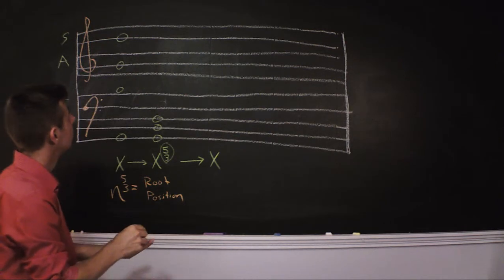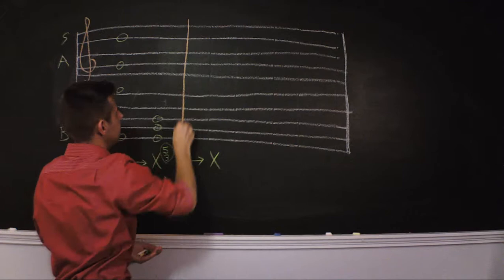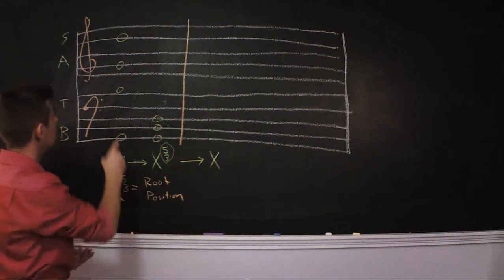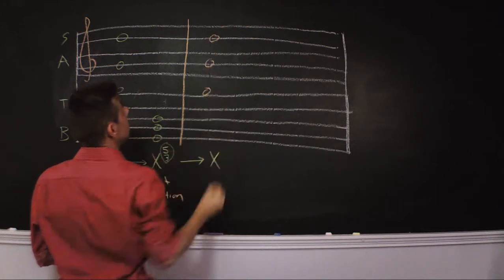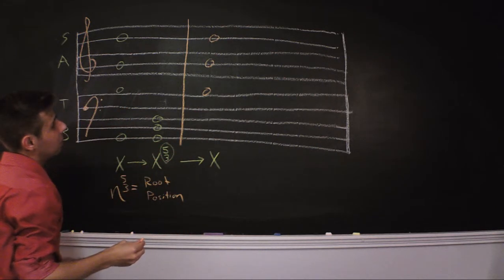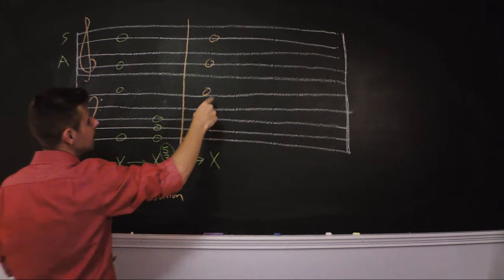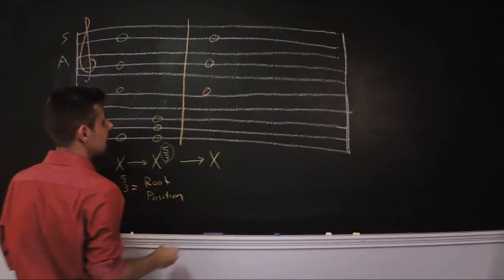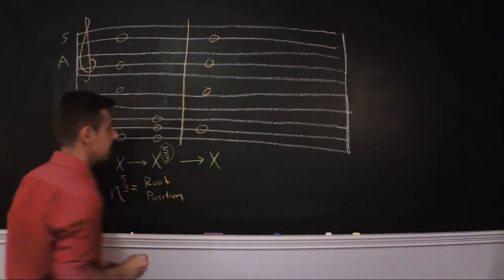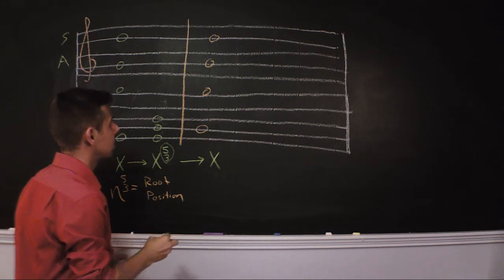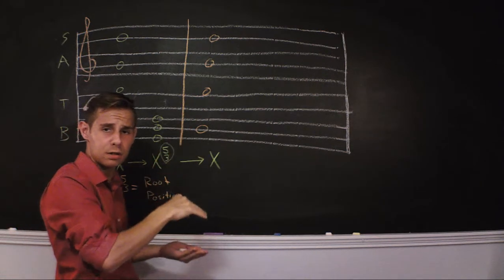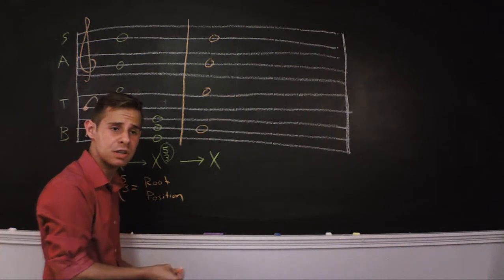Now, let's move on to a different option. We'll keep these notes the same. We'll do B, G, D. But now instead we'll put the B in the bass. Okay, so now we're going to reduce this to as small a form as we can without moving the notes around.